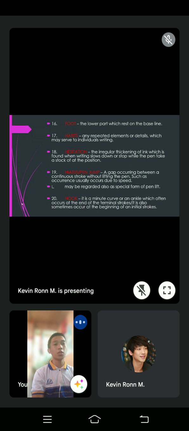Number 20 is hook. What is a hook? It is a minute curve or an angle which often occurs at the end of terminal strokes. It sometimes also occurs at the beginning of initial strokes.